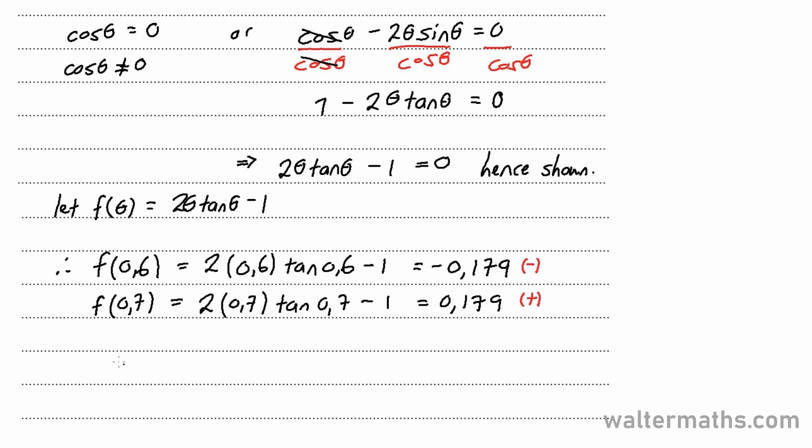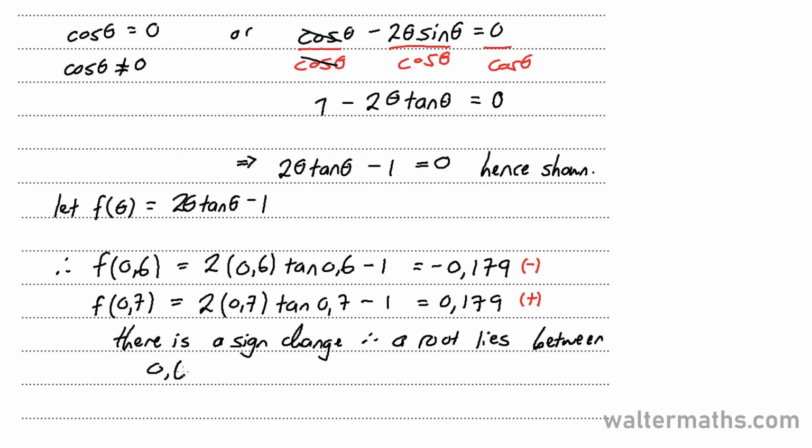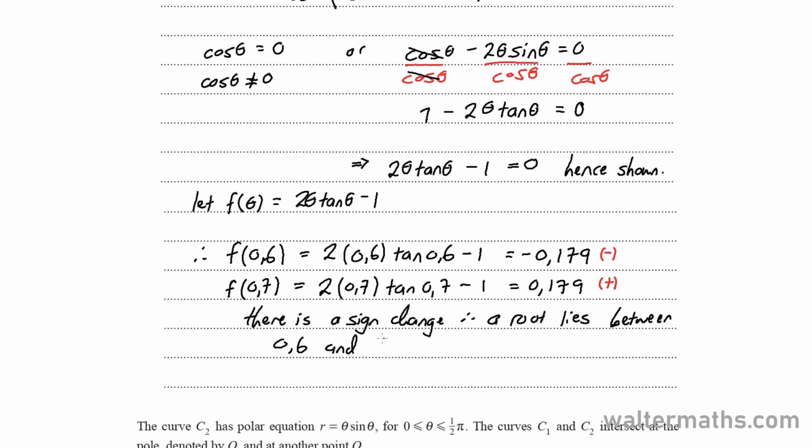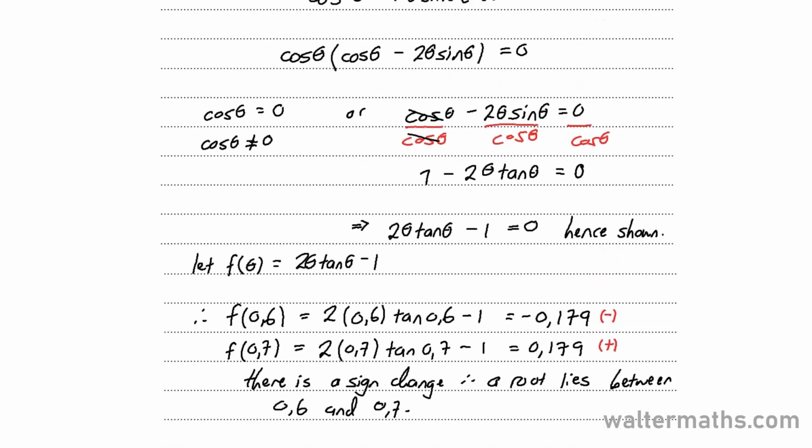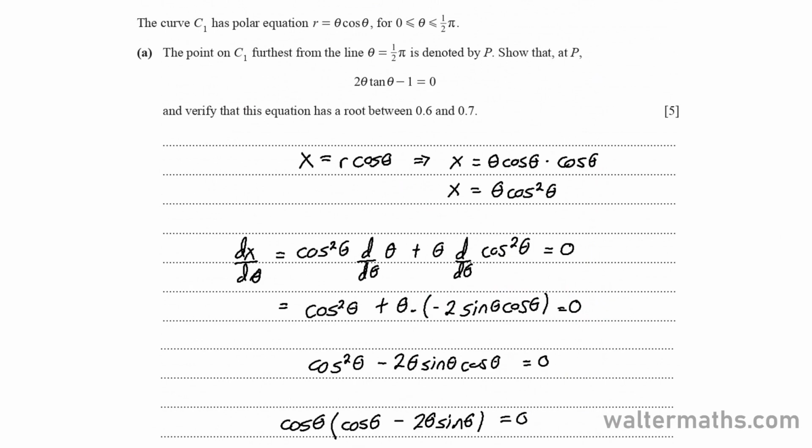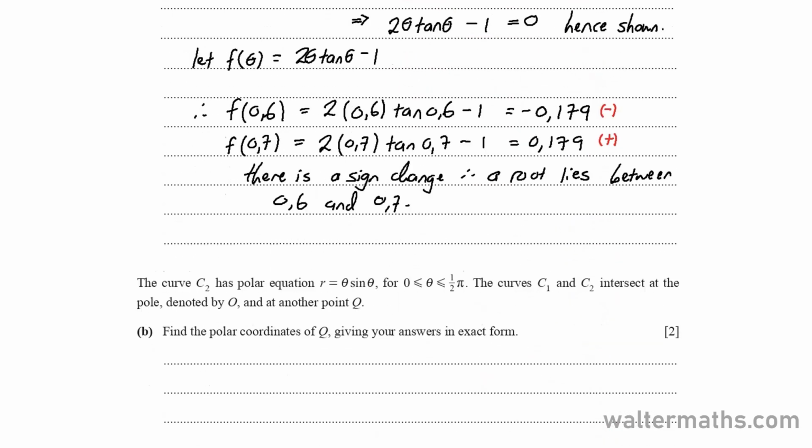So we're going to say there's a sign change, and therefore a root does lie between 0.6 and 0.7. So that's how we verify. Let's go on to part B.